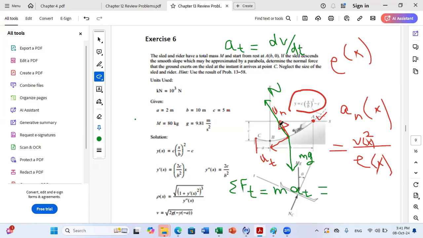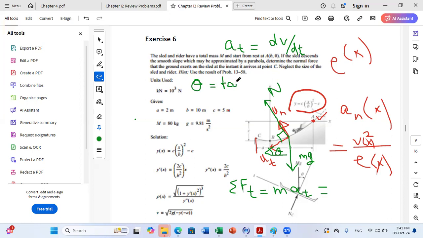Let us look at our free body diagram. The normal force is already perpendicular to ut. So we just have the weight, okay? And for the weight, how can I find the angle between the weight and ut? You know that tangent theta equals dy by dx, that ut is making with the horizontal an angle theta. And we can calculate theta as we have previously seen. Theta is tan minus 1 of dy by dx at the point of interest.